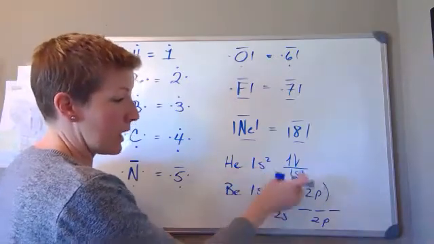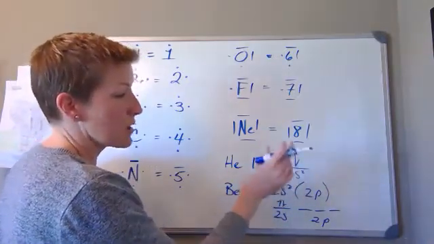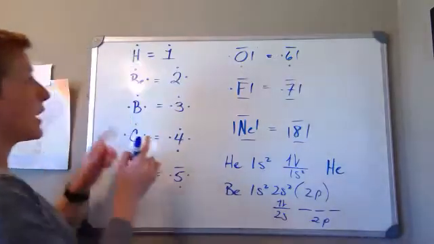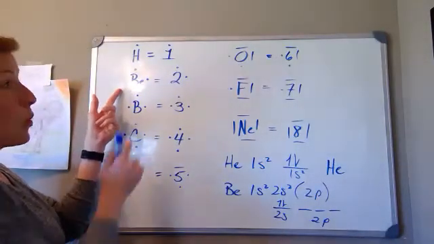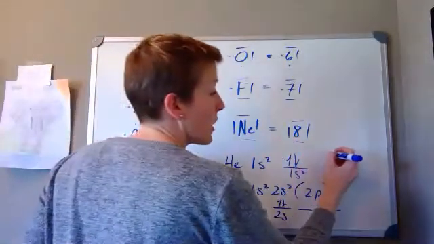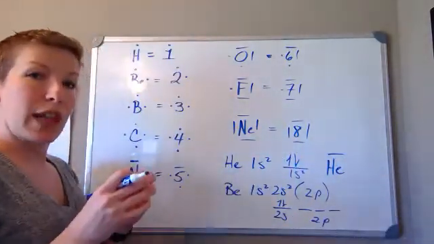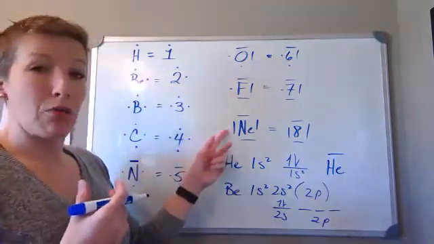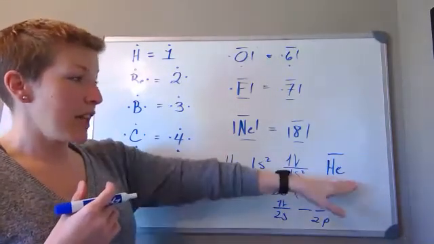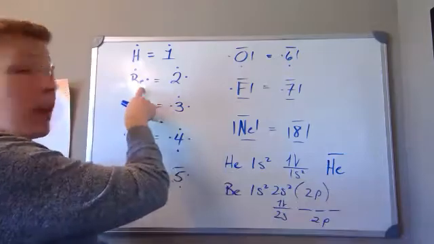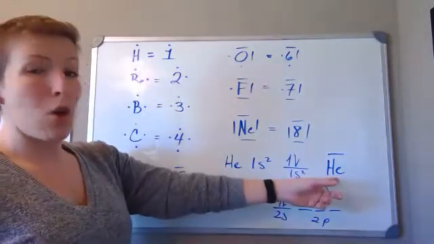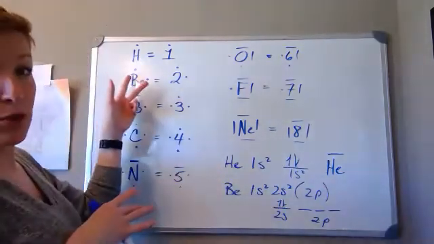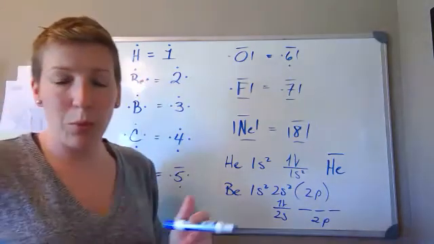So when we draw helium, although it has 2 valence electrons, and you would think we would draw it with 1 on either side, we actually draw helium with both of them together because those electrons act like they're paired up and they're unreactive like the rest of our noble gases. A good test question is they'll ask you helium, and if you draw it with one on either side, you'd be incorrect. Helium should be drawn with the two together to show that those 2 electrons do not want to react like beryllium's 2 electrons would.